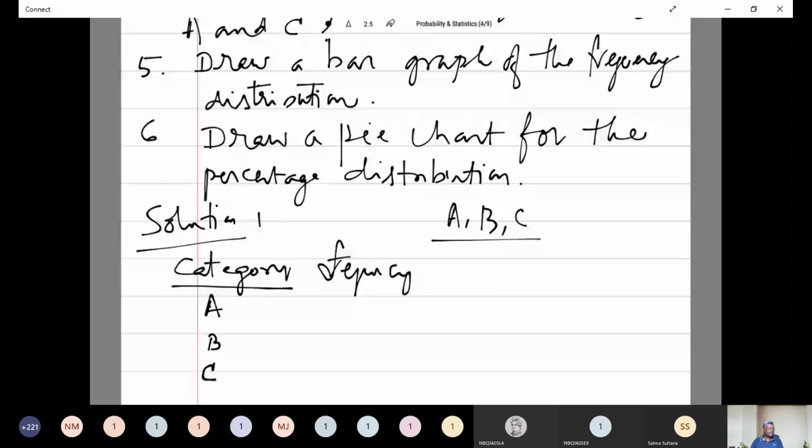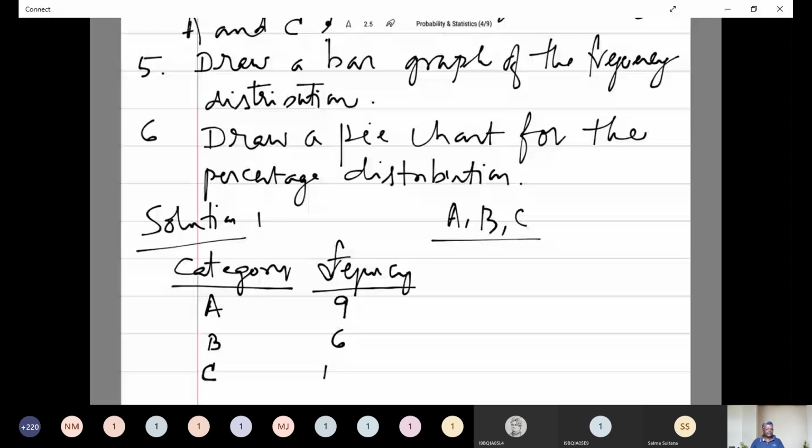Now, how many A's are there totally in this one? 1, 2, 3, 4, 5, 6, 7, 8, 9. Therefore, 9 A's are there. And how many B's are there? 1, 2, 3, 4, 5, and 6. 6 B's are there. And how many C's are there? The remaining, I think so, 9 plus 6, 15. Remaining is equal to 15 C's.